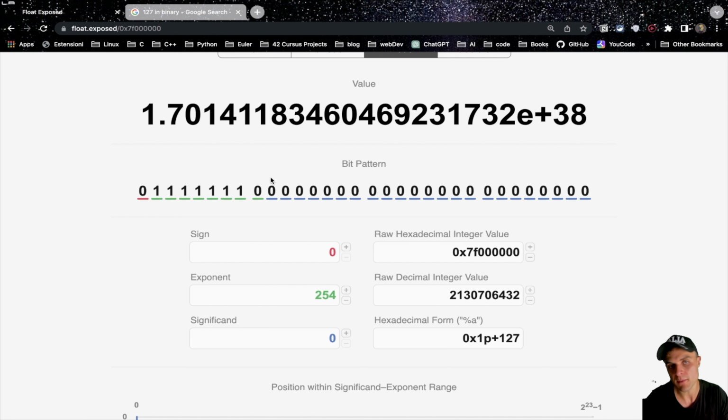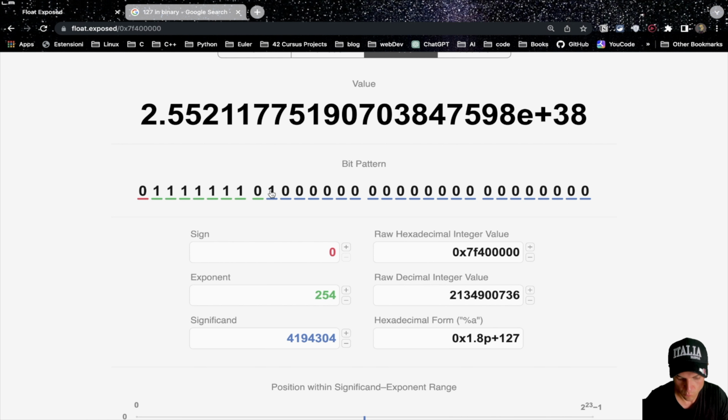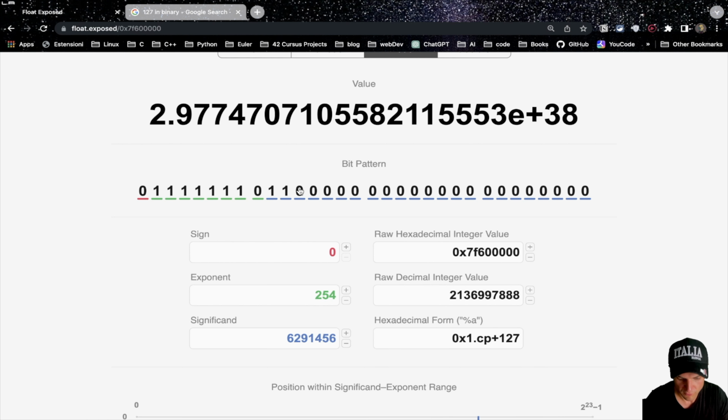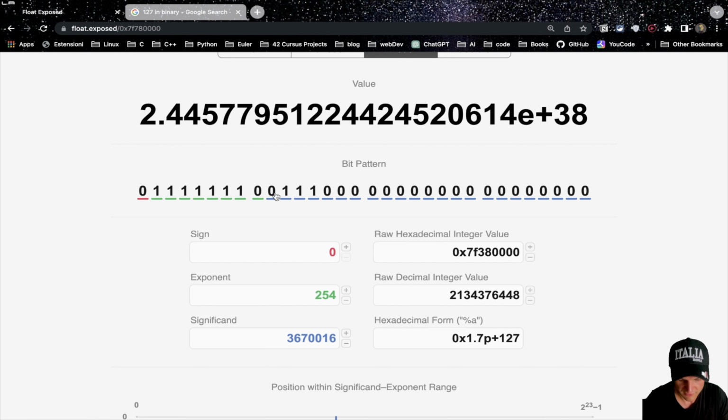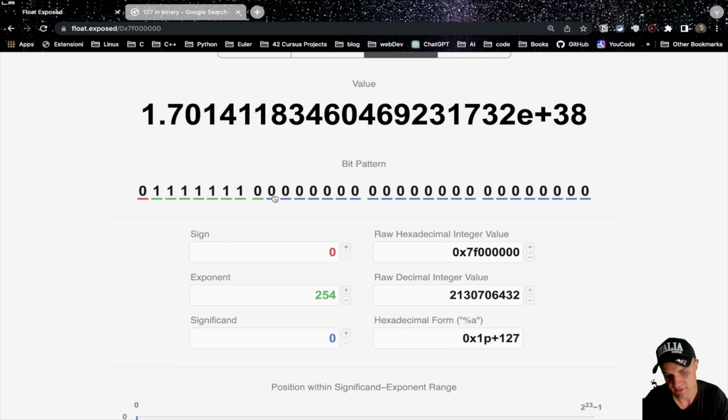I have 1 point and the value, which is dictated by the significant part. So here I can have 1. This one is for the 1/2, 1/4, 1/8, 1/16, and you understand the point, right? So I have 1 point and that specific bit that represents the significant value. So play around with these ideas.